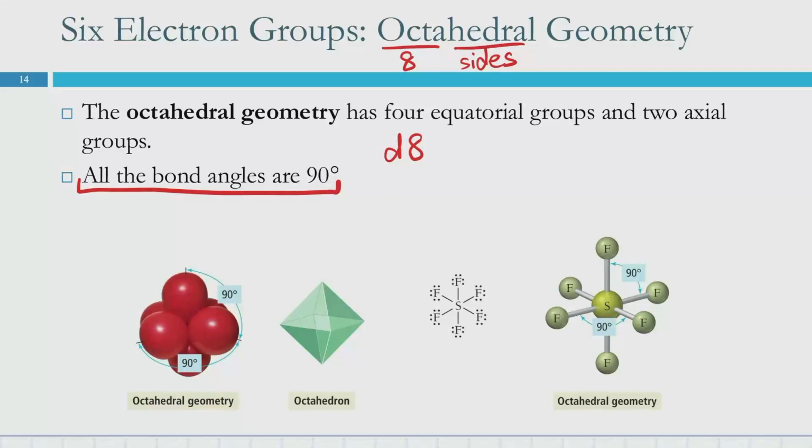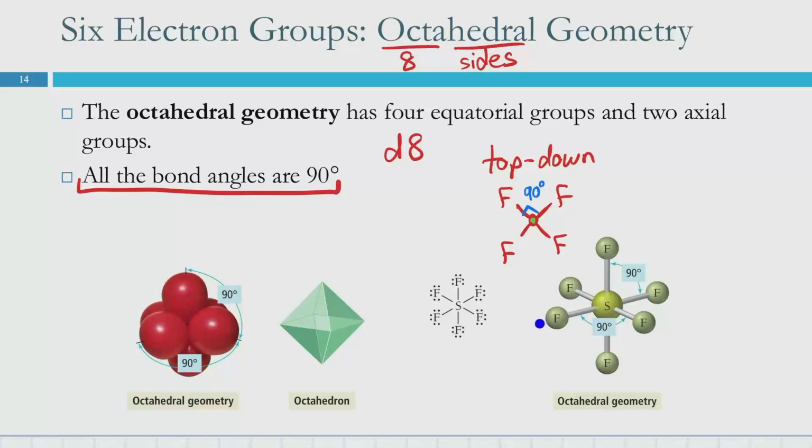So if we were to look at it from the top down, or honestly along any of our axes, we would see these 90-degree angles between all of our groups.